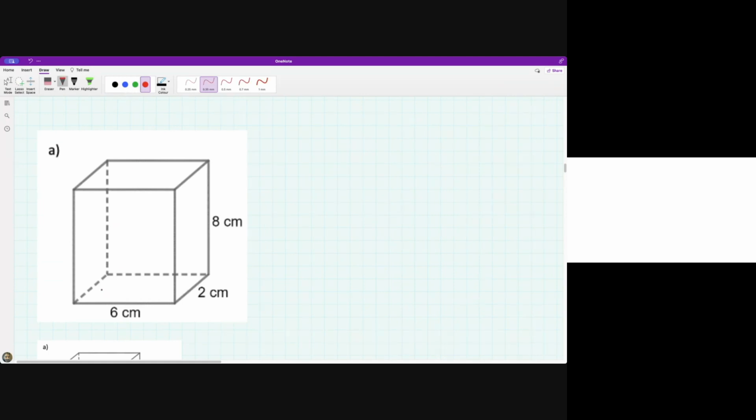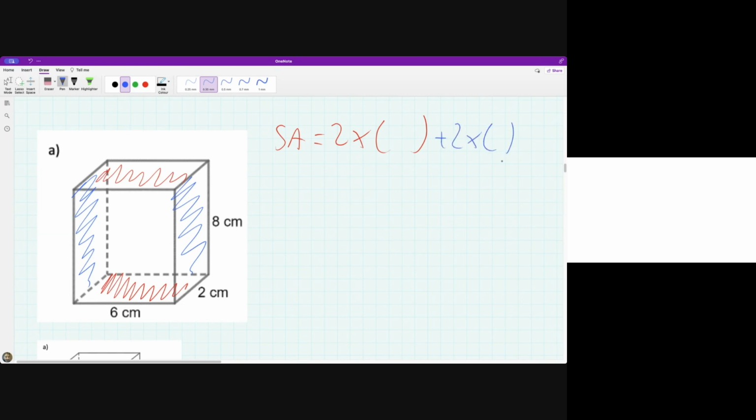Think about, there's this one and this one, so maybe we can go 2 times whatever they are. You also have that one and that one, so that's why I'm going 2 times. And then I've also got whatever that is in the back and whatever this is in the front.